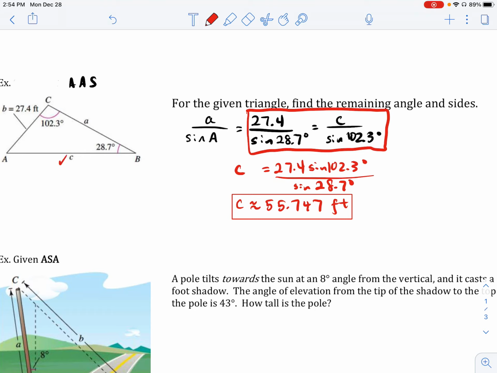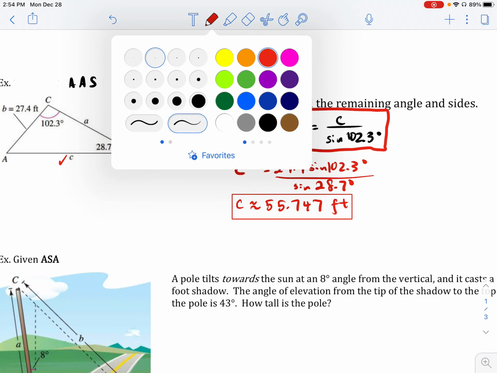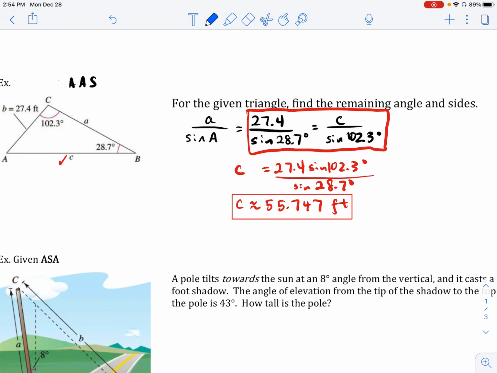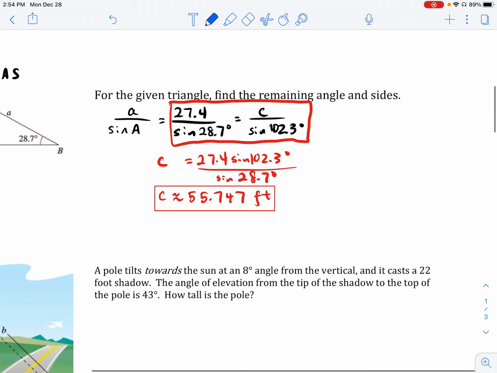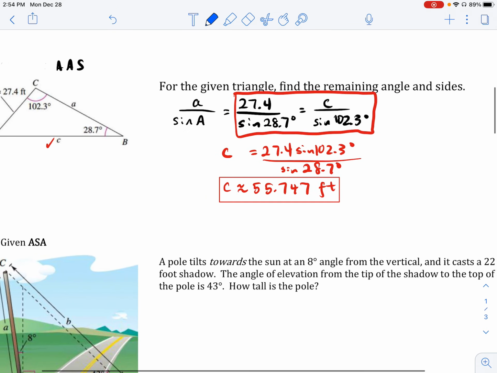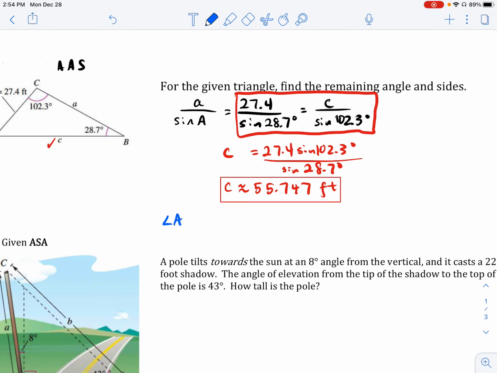So what we're missing now is side A and angle A. Well, let me switch to a different color here. Fortunately for us, angle A isn't too bad at all. What we would need to find is angle A, we could say is 180 degrees minus the other two angles. So minus 102.3 minus 28.7.